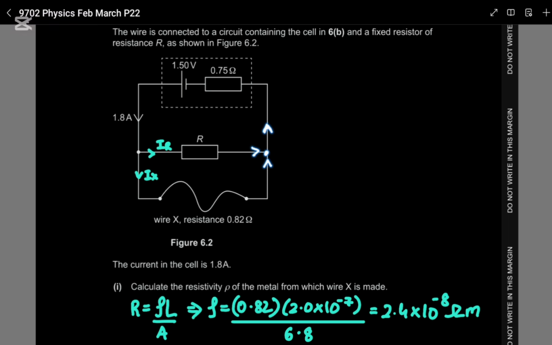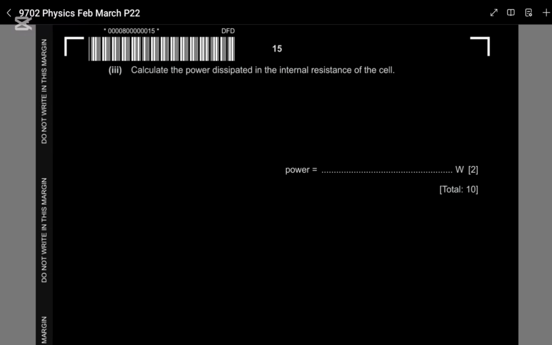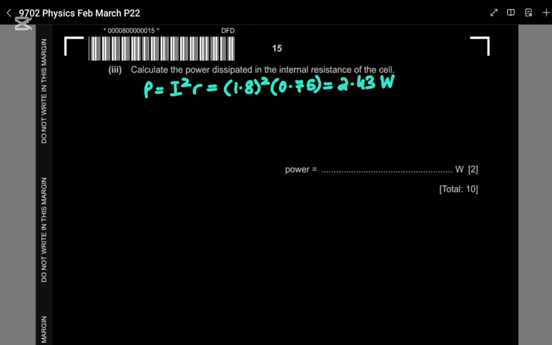So it's the same 1.8 amperes, and we have the internal resistance R. So we can use P is equal to I squared R, which is going to be 1.8 squared times 0.75. This gives me an answer of exactly 2.43 watts. To two significant figures, I'm going to write it as 2.4. That's it for question number 6.